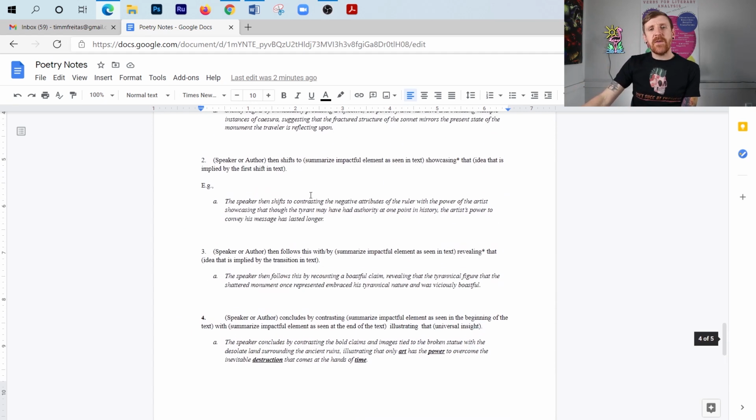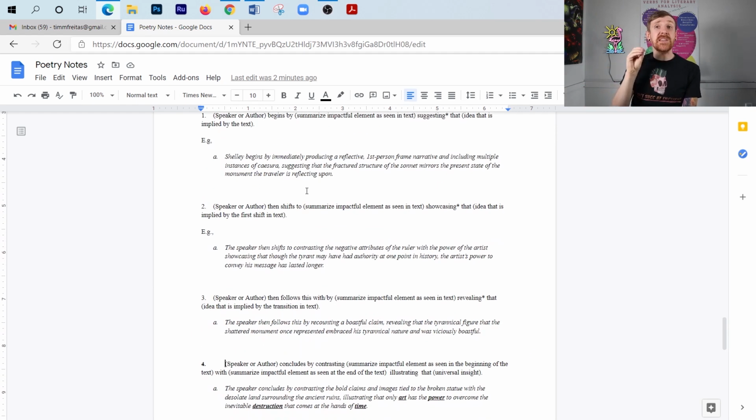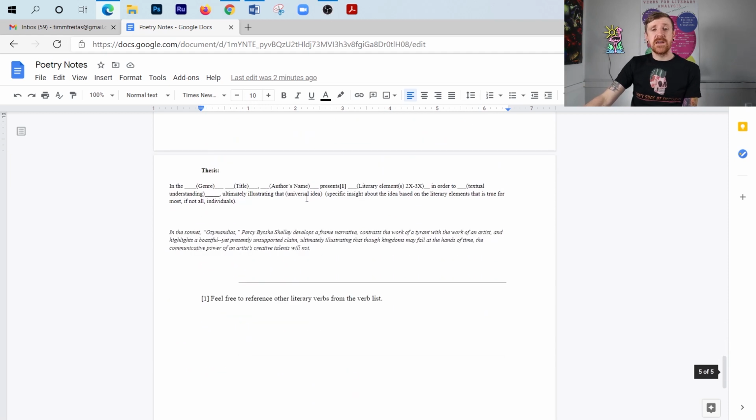So what does this look like if I just pull everything down but use synonyms from my topic sentences? It looks like this. In the sonnet, Ozymandias, Percy Bysshe Shelley develops a frame narrative, contrasts the work of a tyrant with the work of an artist, and highlights a boastful yet presently unsupported claim, ultimately illustrating that though kingdoms may fall at the hands of time, the communicative power of an artist's creative talents will not.